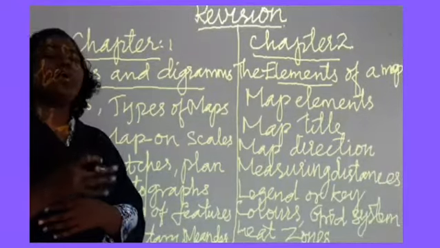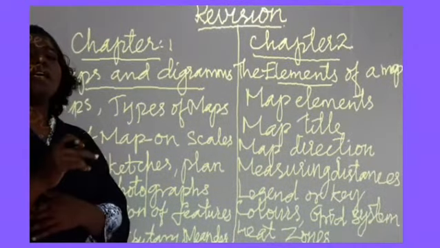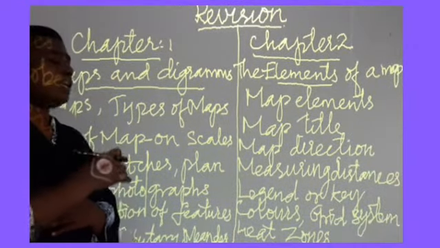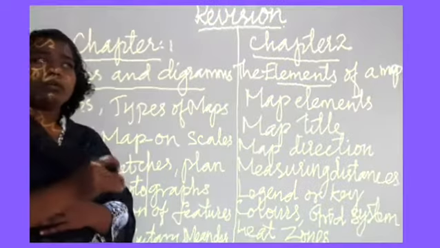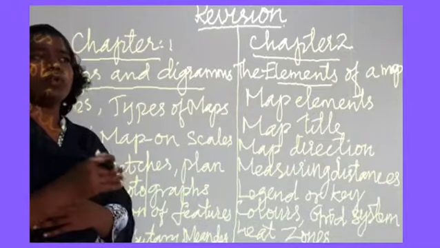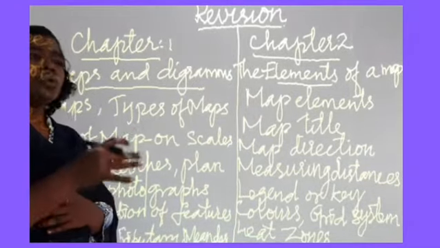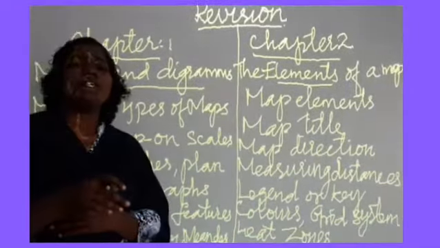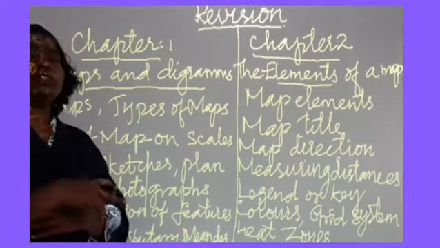Most days in the year, the areas may not be receiving sunlight, so the region is very cold. Most of the snow covered regions are found in this frigid zone.